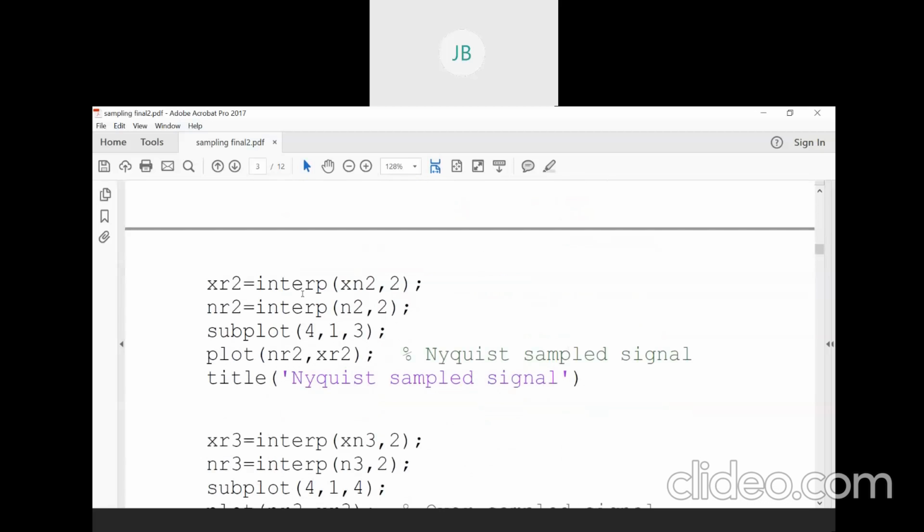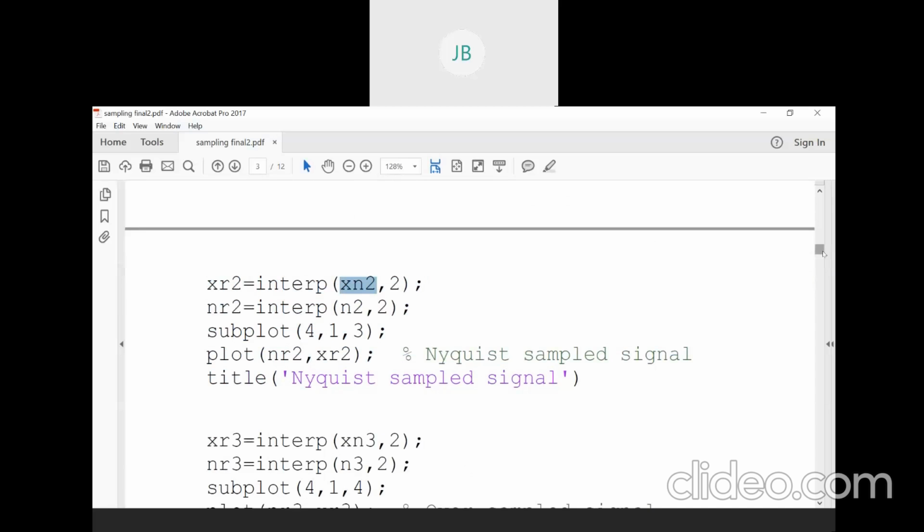Now we are in this part of the code, where we are trying to reconstruct the Nyquist sampled signal. So in the first line, xr2 is equal to the interpolation of xn2. Where does xn2 come from? xn2 comes from the Nyquist sampled version.